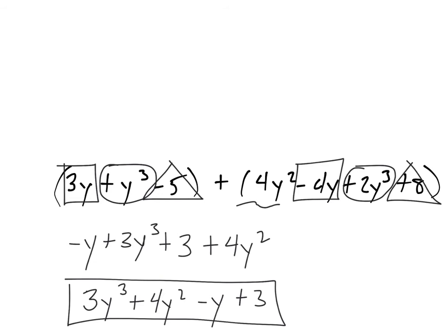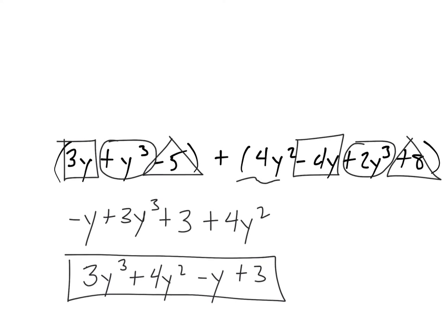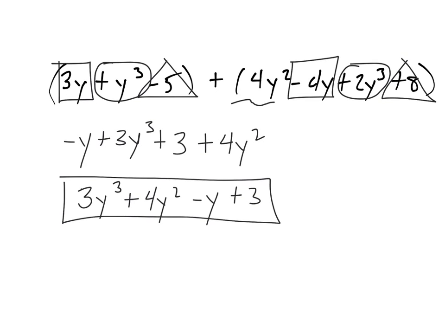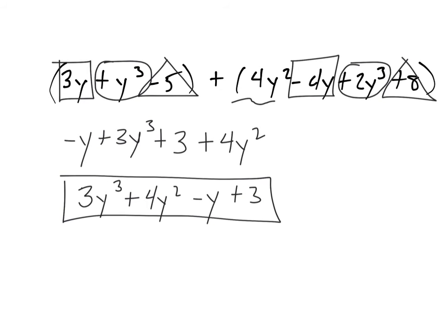Make sense? Okay, now, if I do this in vertical fashion, we'll soon get an idea of why I don't particularly care for this method. Number one, you have to put it in standard form when you do vertical addition. So that first one, if I put it in standard form, I start with y to the third power.